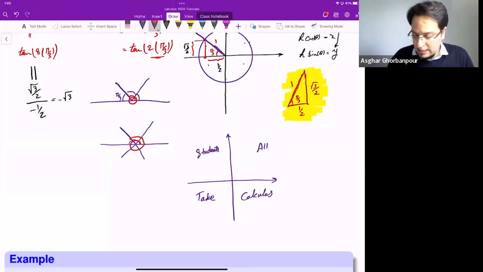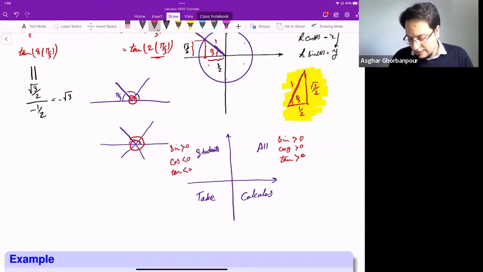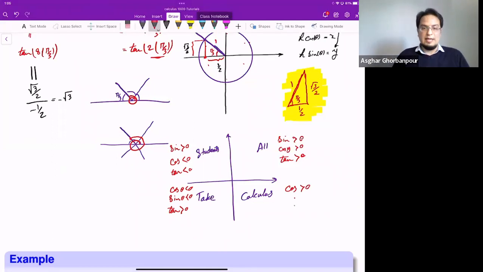So this All here means sine, cosine, and tan are all going to be positive. Student starts with S, so only sine is positive. Cosine and tan are negative. Take starts with T, so tan is positive, and sine and cosine are negative. And this goes for the last one, which is only cosine. Calculus starts with C, so cosine is positive. The other two are negative.